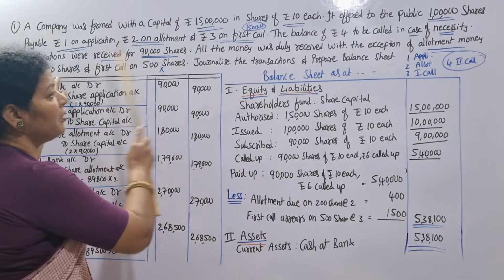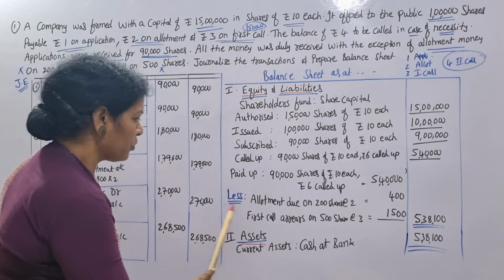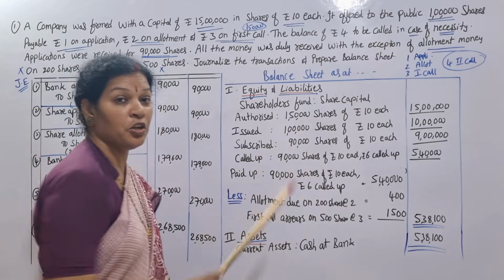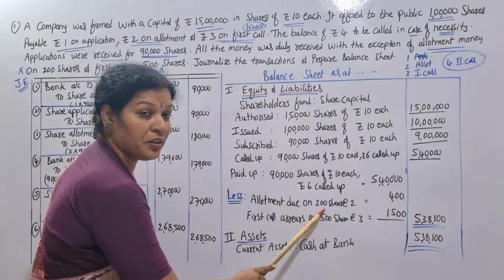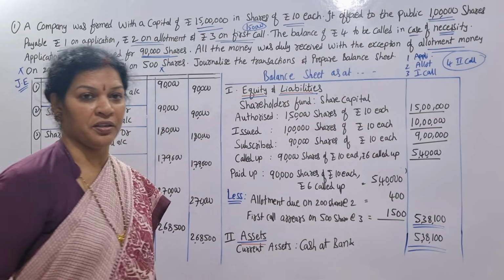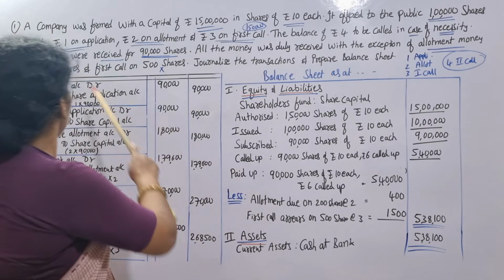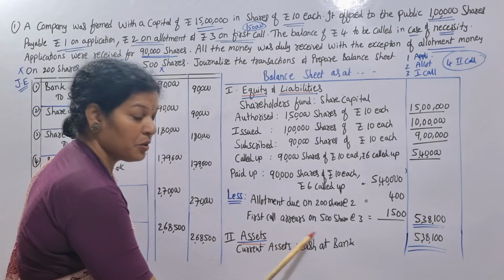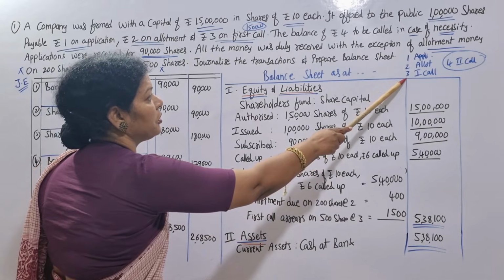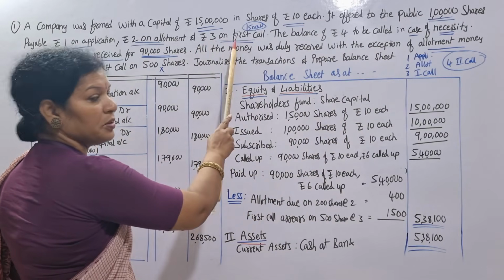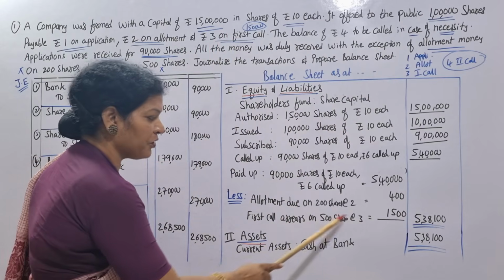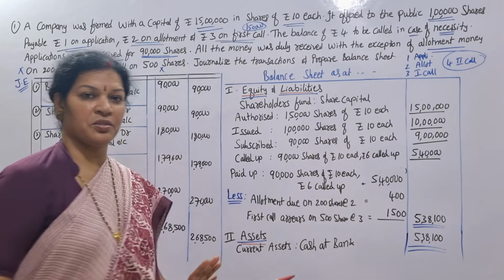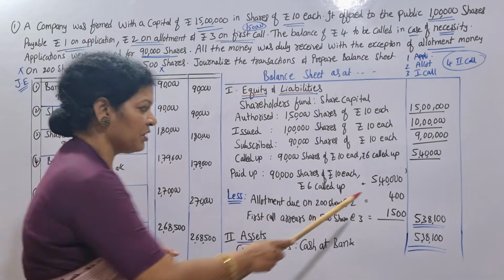Less: allotment arrears, 200 shares at the rate of 2 rupees, comes to 400. Next, less: first call arrears, 500 shares at the rate of 3 rupees, comes to 1500. Both arrears not received, this we have to deduct.